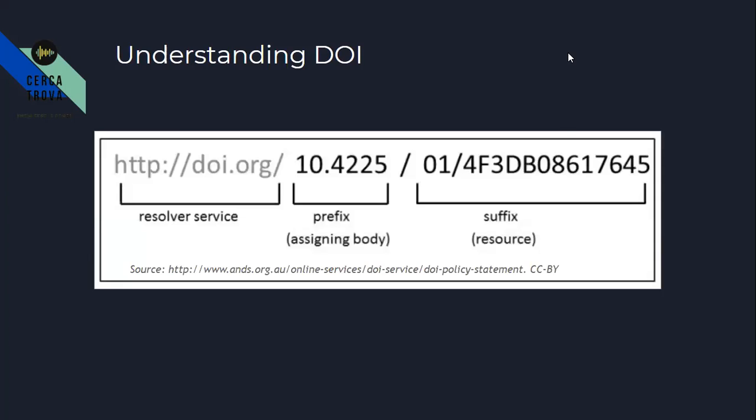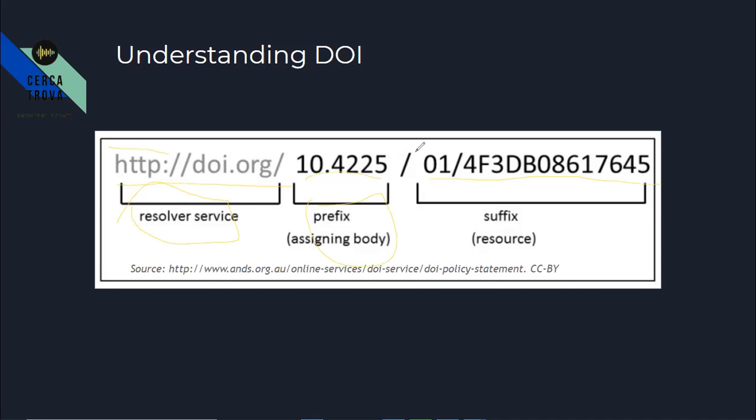Now, this is an interesting slide, and I would like you to pay attention here. There are three parts to a DOI. One is the resolver service, which is doi.org, assigned by the registration agencies, and the second one is the prefix. The prefix is also issued by registration agencies, and it is issued to a publisher. This is the publisher's prefix by the registration agency, and this is the part that is assigned by the publisher.